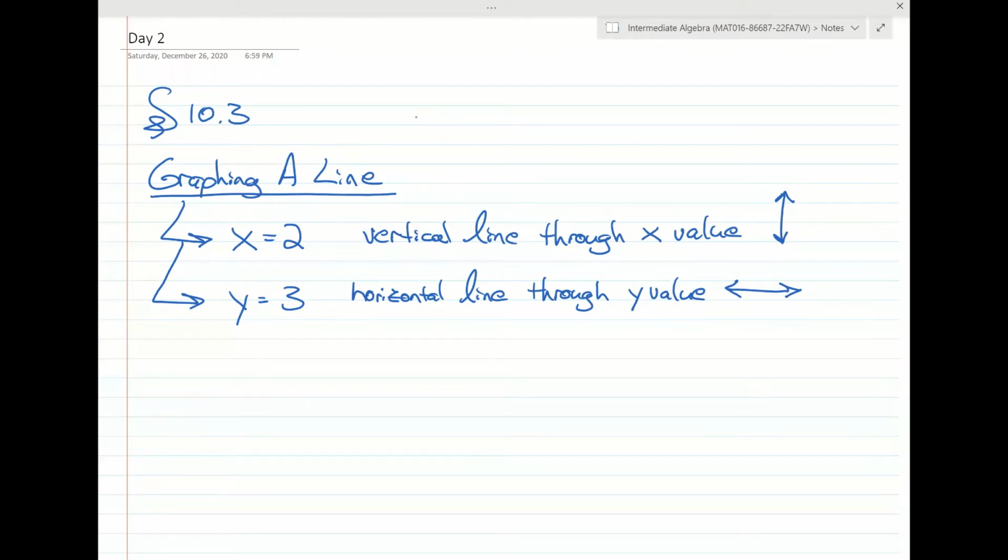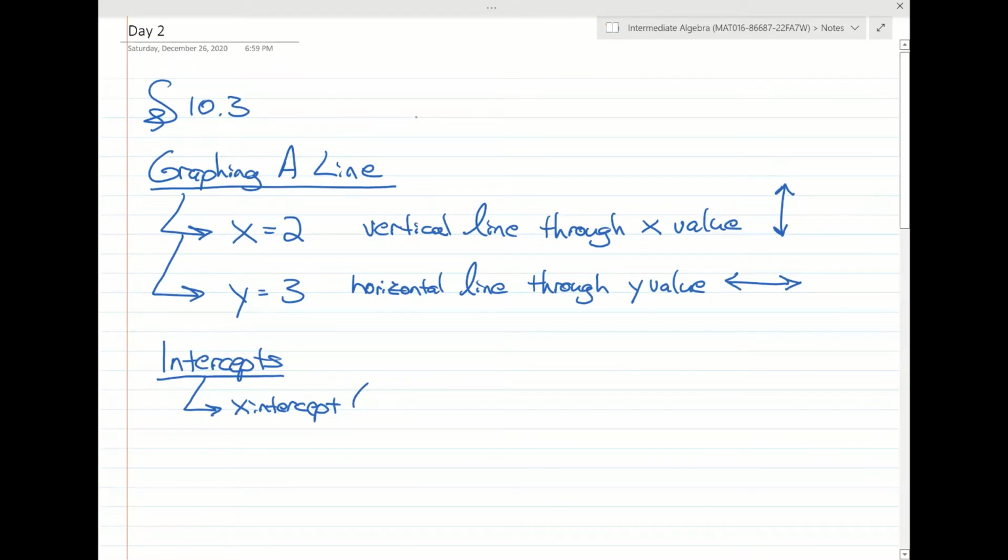When we get to other types of lines that have an x and a y, what we do is we find what are called intercepts. For an x-intercept, we make y equals 0 and solve. This is where the line crosses the x-axis.